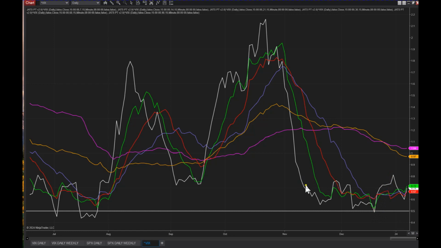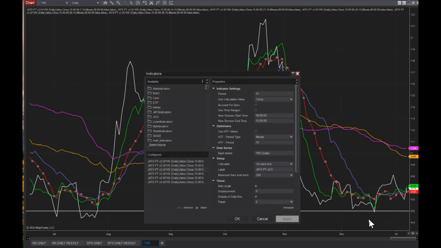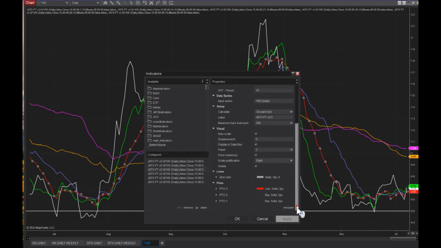And now we're in the spaghetti bowl of the 14, 21, 30. Here's your 60/90 up here. And you can see that the 7 period just broke the red. I think that's 21. Yep, 21.